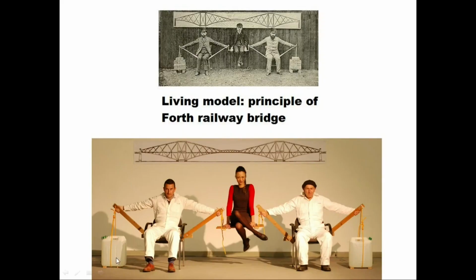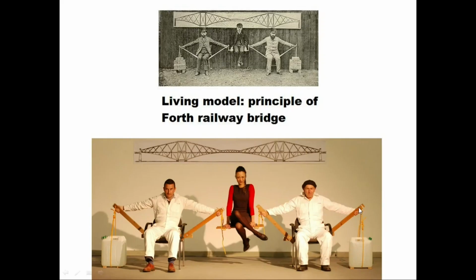So what have we got here? We've got two 20-litre cans of water, 40 litres of water. As you know, a litre of water is a kilogram, so 40 kilograms there, 40 kilograms there. Our glamorous assistant weighed, I think, 58 kilograms, so we're well in there.